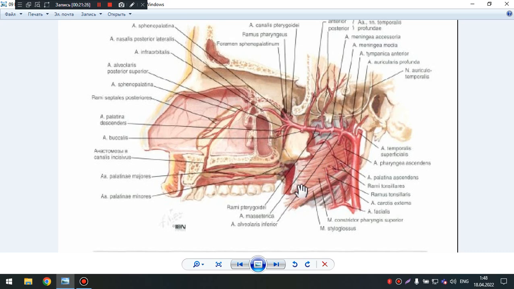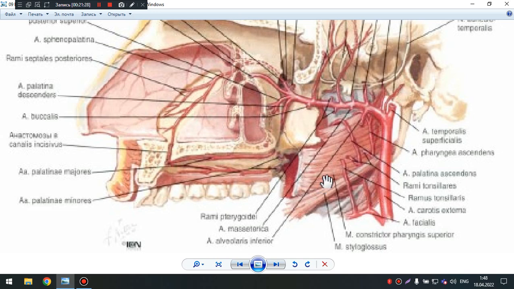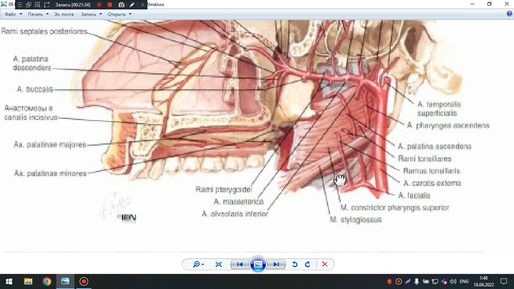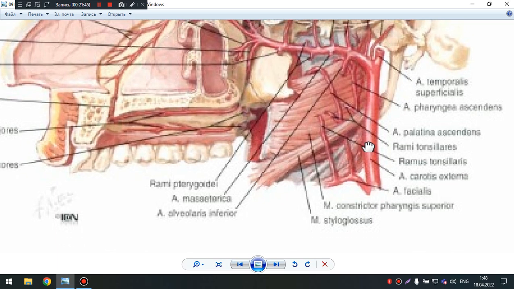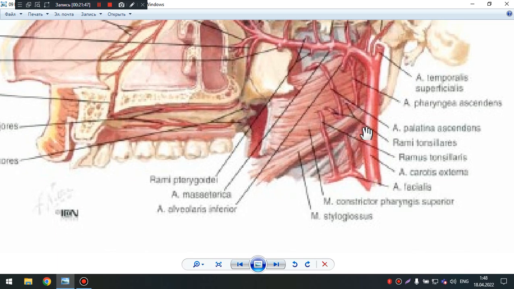And then the third branch, the middle group, which is the ascending pharyngeal artery. It originates from the medial surface of the external carotid artery, lifts parallel to the outer surface of the pharynx.